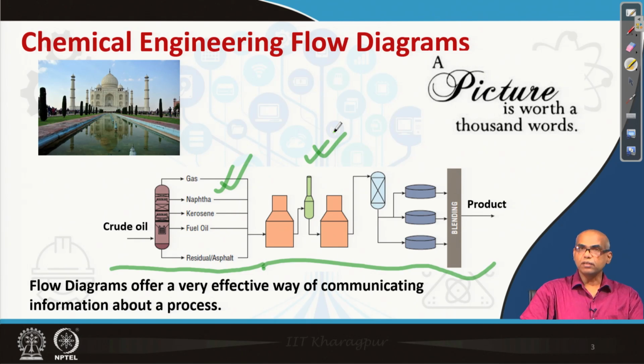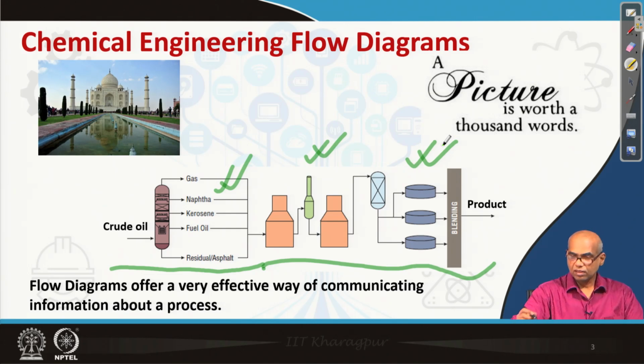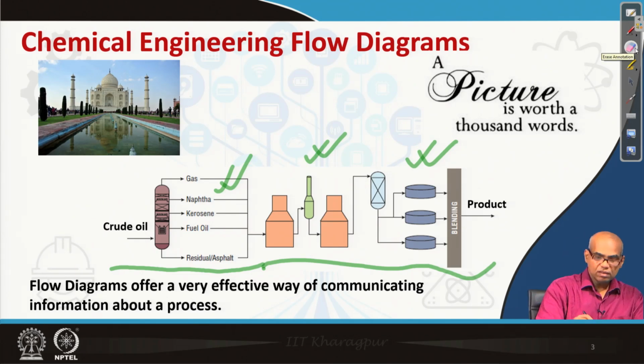In fact, it is done to add value, and then these are being blended to get the final product. So, without much description, just by this pictorial representation, it is possible for us to represent a chemical process. So, this is what we will see in today's lecture.